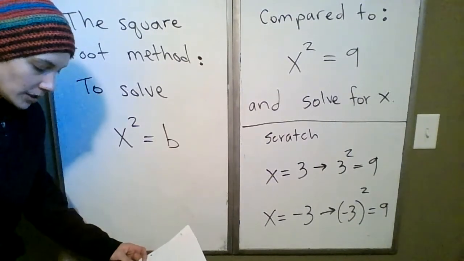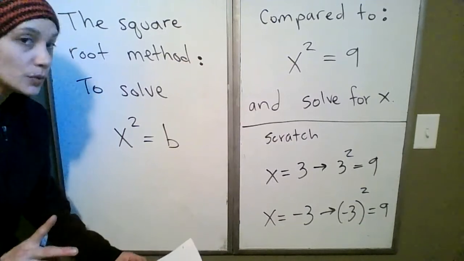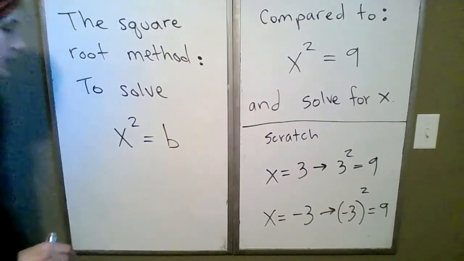You can square root each side and then you'll have two solutions in the end.